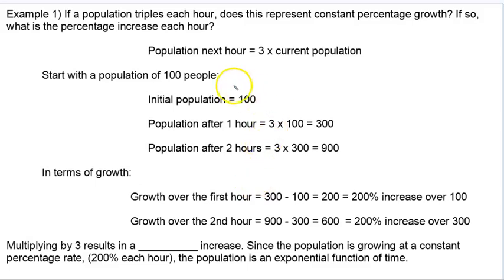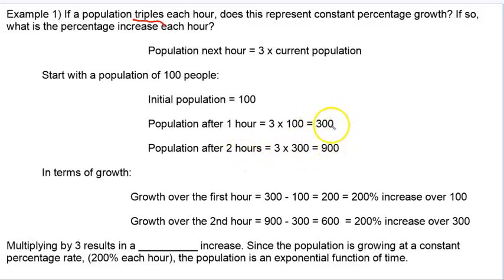Okay, another example. This time we're told that the population triples each hour. Okay, so we start, let's just pick a number to start with, just to illustrate properties of exponential functions. We started, let's say, with 100 in a population. After 1 hour, if it's tripling, that becomes 300.